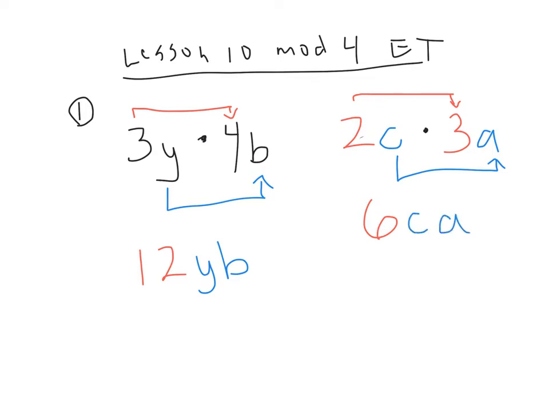So you multiply 2 times 3 to get 6, and c times a. Since they're unlike terms, they're just c times a, just like y times b. We don't need the symbol there, it's just implied.